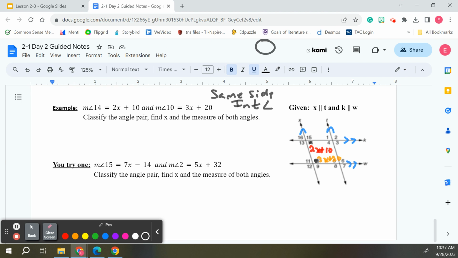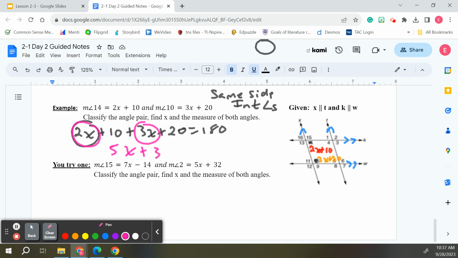All right. So that means we're going to have 2x plus 10 plus 3x plus 20 equals 180. Combine my like terms. I have 5x plus 30 equals 180. Subtract the 30. That gives me 5x equals 150.